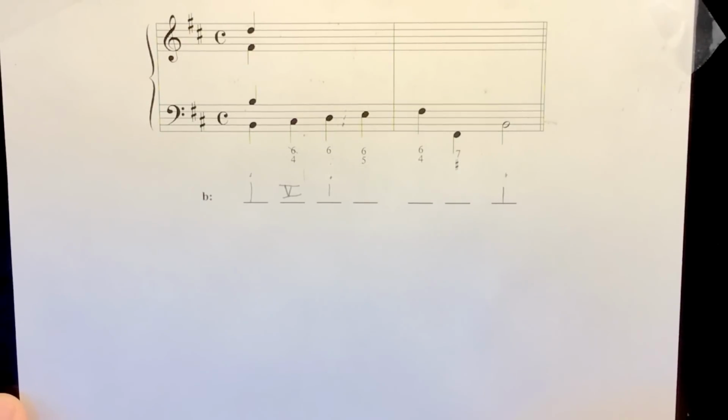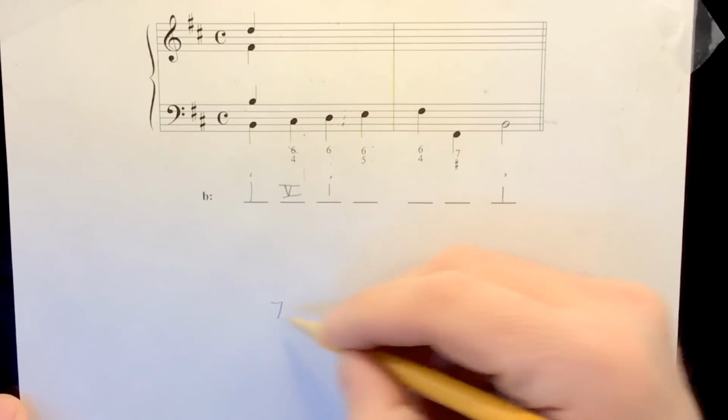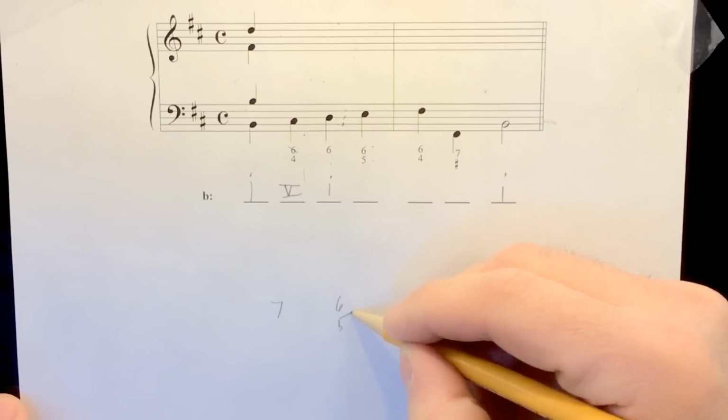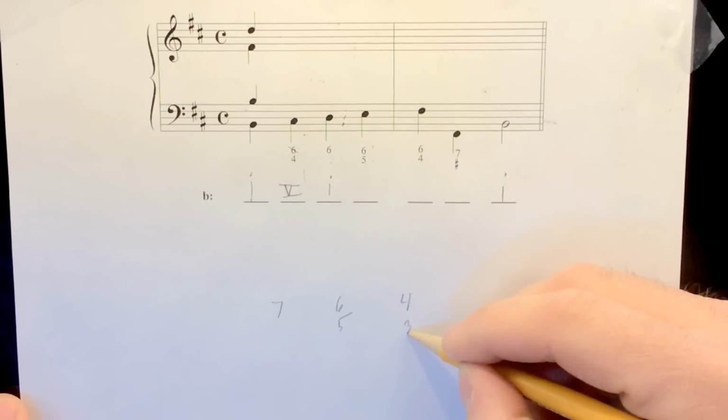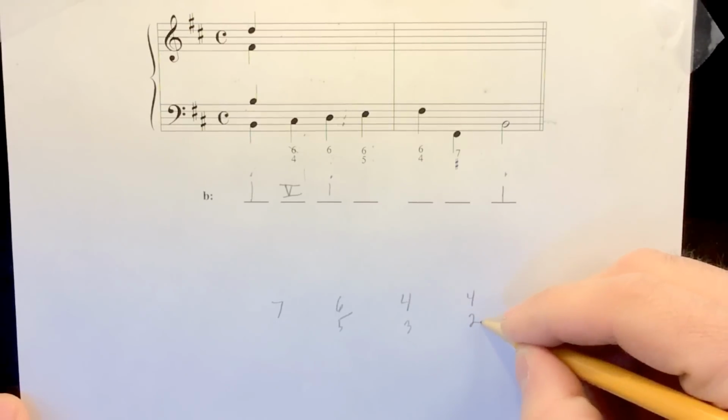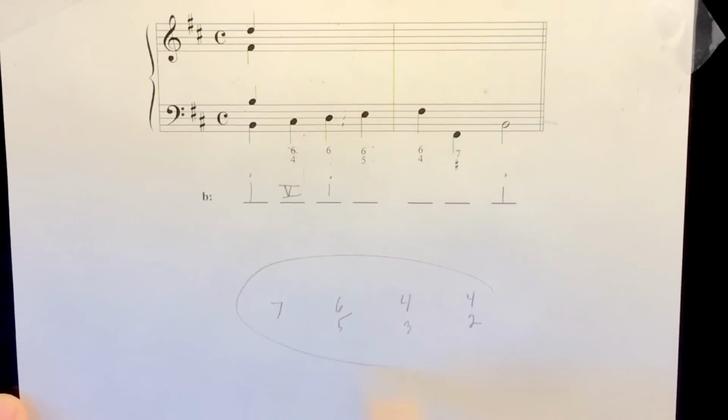Okay, the next chord, 6-5. The numbers 7, 6-5, 4-3, and 4-2 are all indicators of some sort of a 7th chord: root position, first inversion, second inversion, final inversion.